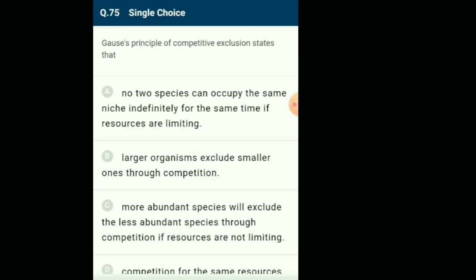This is called Gause's competitive exclusion principle, which states that an ecological niche cannot be simultaneously and completely occupied by established populations of more than one species. So the answer is option A. No two species can occupy the same niche indefinitely for the same time if resources are limiting.